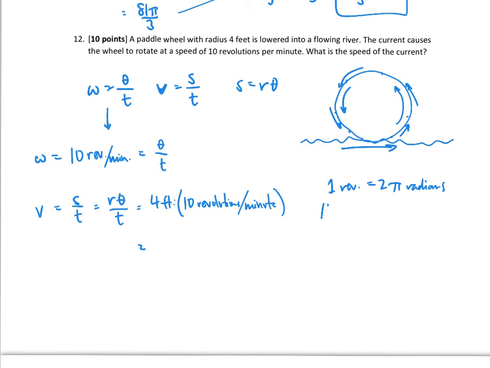And so 10 revolutions is going to be 10 times 2 pi, so 20 pi radians. So this is going to be 4 feet times 20 pi radians per minute. And so the speed of my current is 80 pi, 4 times 20, feet per minute.